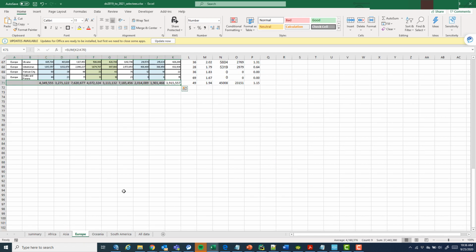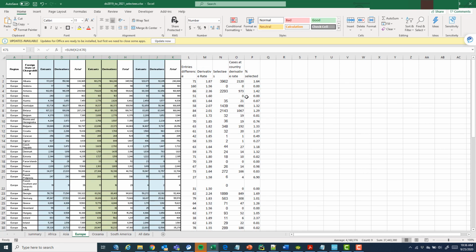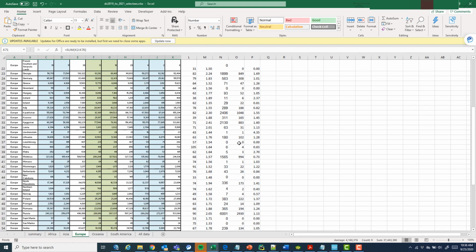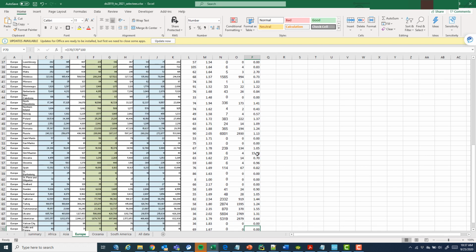Okay. If we look at Europe, a few interesting things there. Let me just check the regional chance of selection was 1.15%, based on the number of entrants and the number of selectees for the region. And then you can see some of the countries that had a massive number of selectees. For example, these numbers of selectees are very large.